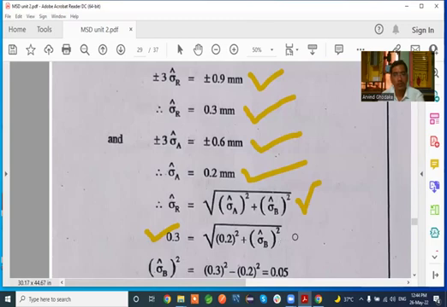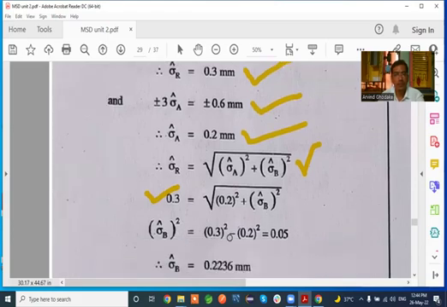Then we have sigma b square, which is our aim. So sigma b square is equal to 0.3 square minus 0.2 square, which is equal to 0.05. Therefore, sigma b cap, that is nothing but the standard deviation for component B, is 0.